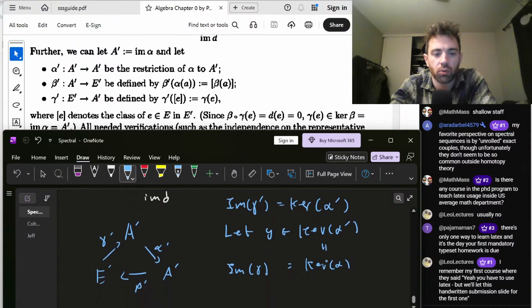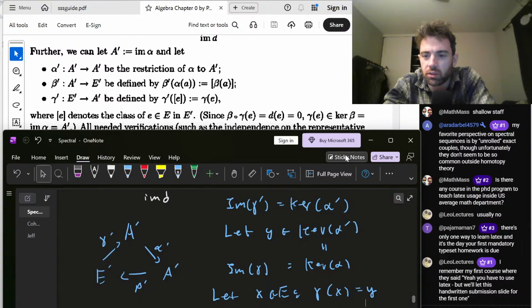And so we can let x be in E such that gamma maps to y.